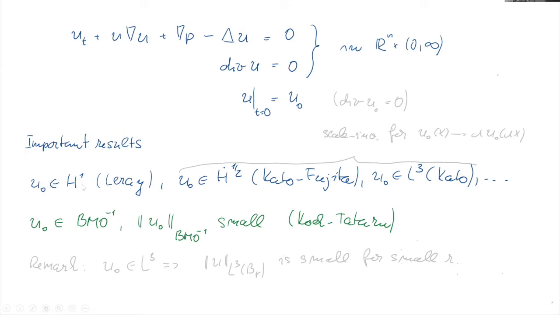work of Oseen and Leray, Kato, Fujita, and Kato. So those were, for example, the first results where existence for scale invariant initial data was proved, and many other results, culminating in the theorem by Koch and Tataru that the equation is globally well posed for initial datum in BMO^-1, at least when the initial norm is small.